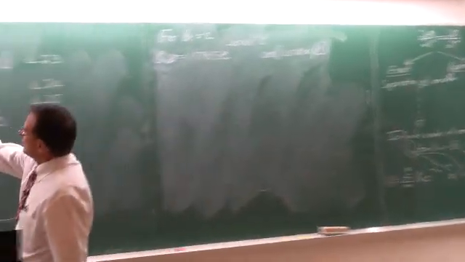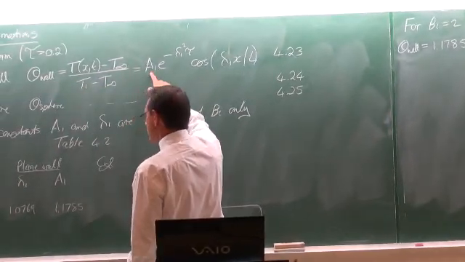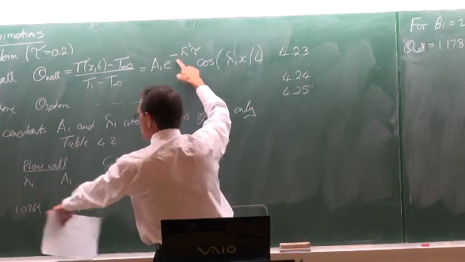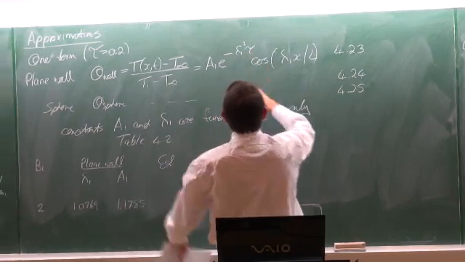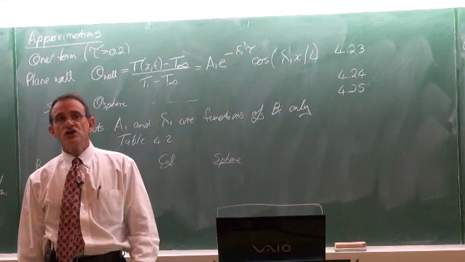So the non-dimensionalized temperature, theta wall, is equal to A1, and A1 is equal to 1.1785, e to the minus lambda 1 squared, which is 1.0769 squared, times tau, etc. So that would be the equation for it.